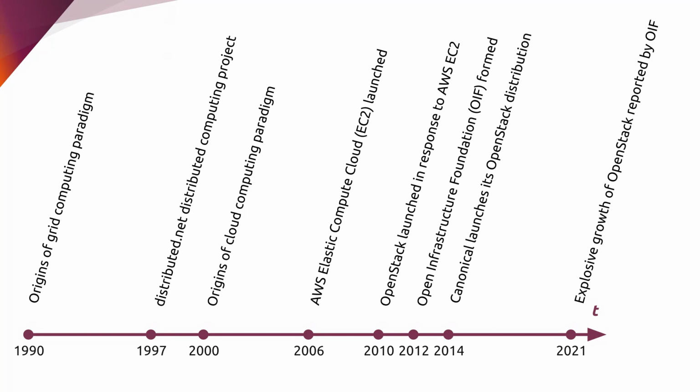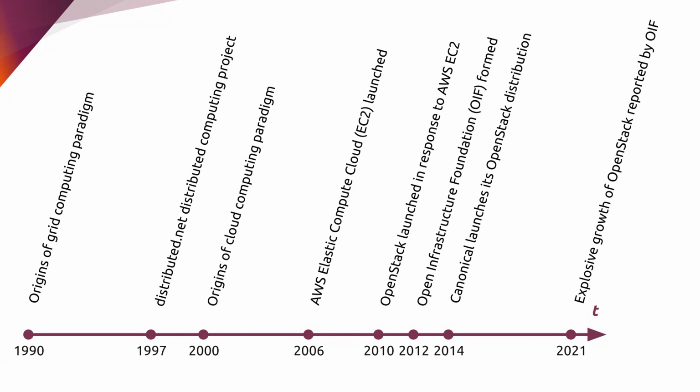And then in 2006, the AWS EC2 platform was first launched. So AWS EC2 is obviously the most popular commercial cloud platform. It was initially launched as a public cloud only, and being the first on the market, it kind of dominated the market, right?